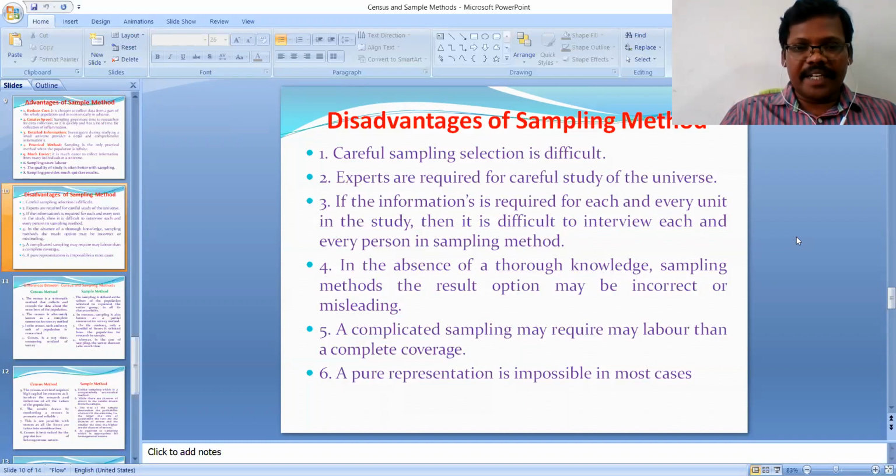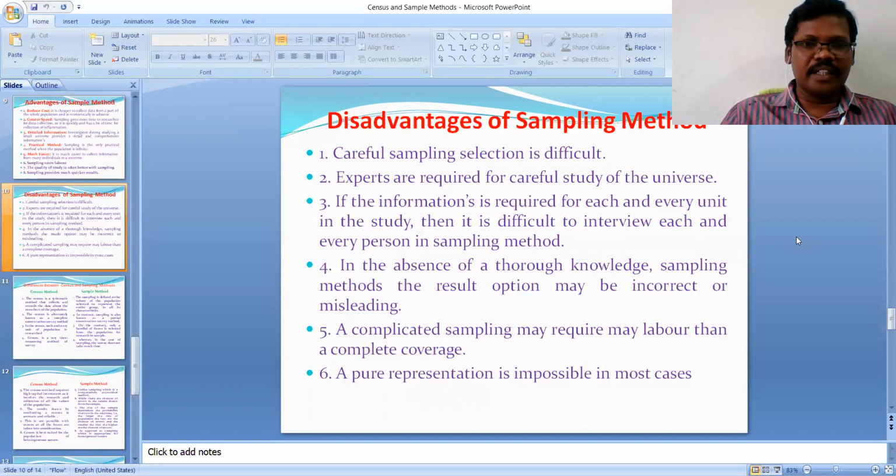A complicated sampling may require more labor than a complete coverage. A pure representation is impossible in most cases. The perfect information we may not get. That is what I am saying here.